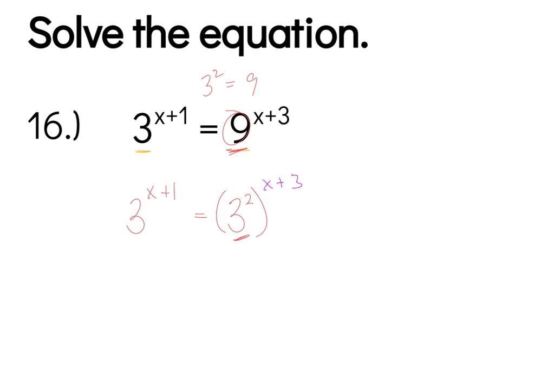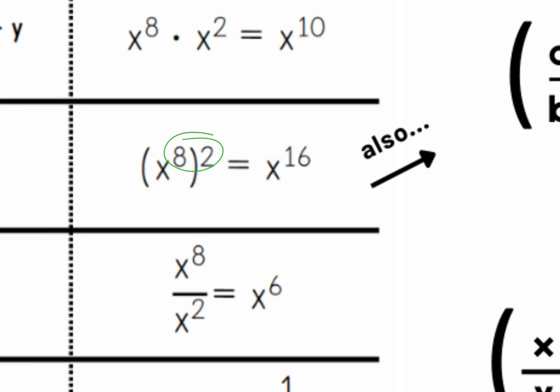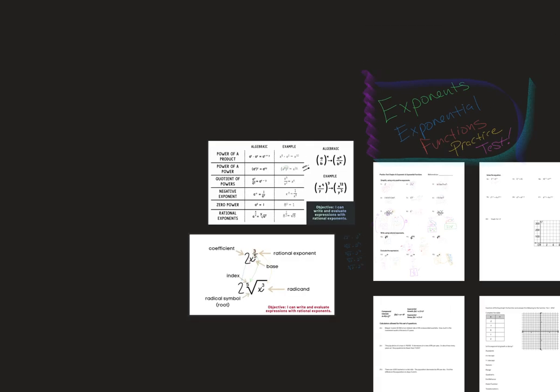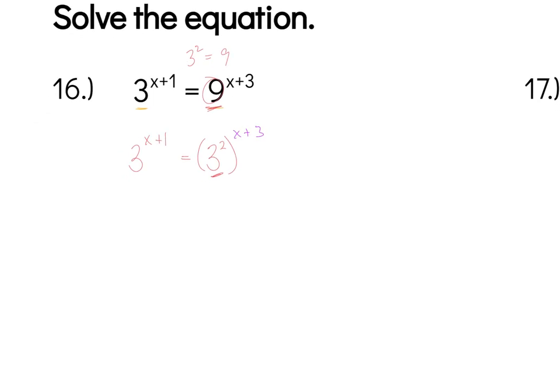And now, because of what we talked about over here, when you raise a power to a power, you multiply those powers. So that's what we're doing here. This left side is still just patiently waiting on us, and now the right side is 2 times x, which is 2x. 2 times 3 is 6.